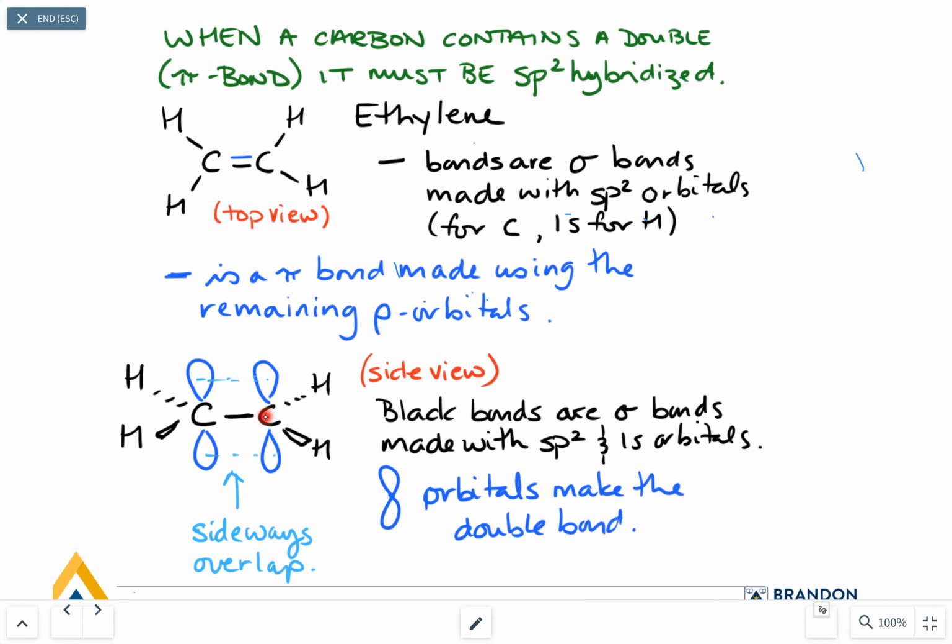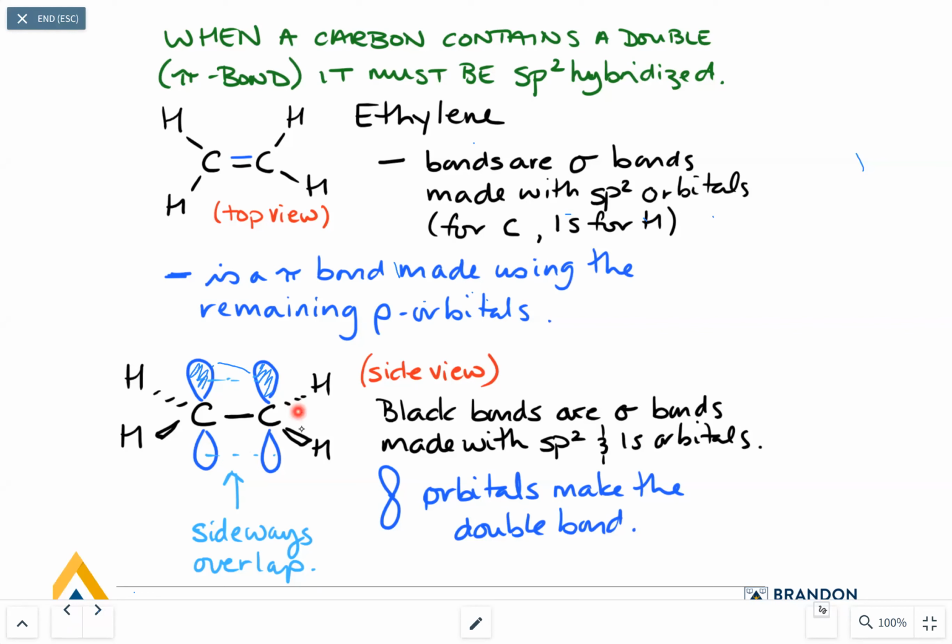So if we draw this from the side, the electron density from one lobe, which would be in phase, we could shade this if we wanted to. So these would be in phase and electron density would be shared there. Electron density would be shared here. This is the sideways overlap.